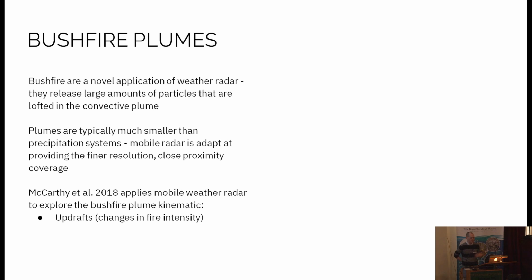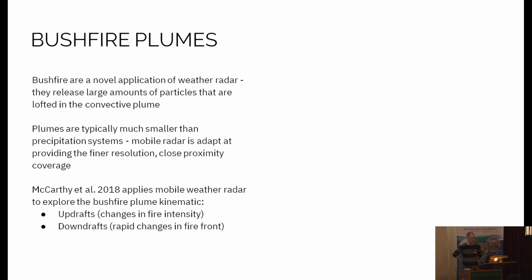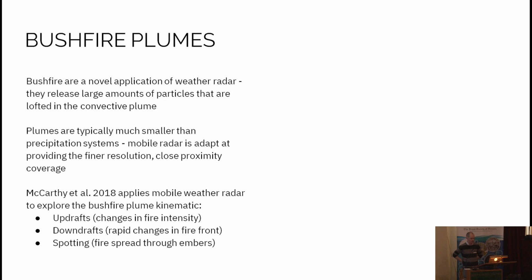Changes in updrafts support changes in fire intensity through ventilation. Downdrafts are particularly dangerous on the firefighting front, where we have the fire direction changing rapidly. And of course, spotting, where we have the plumes lofting embers very large distances away from the fire and starting new fires.